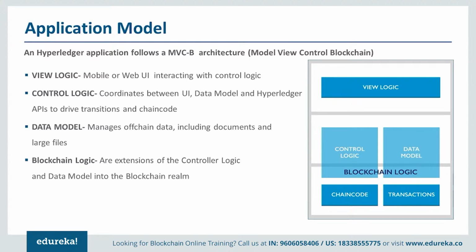It is created in a modular way so that you can easily write your portion. For example, if you are a blockchain logic developer, then you will essentially focus on writing your smart contracts. If you are a data modeler, then you will focus on what kind of databases we have in this blockchain network and what level of access needs to be given on those databases.